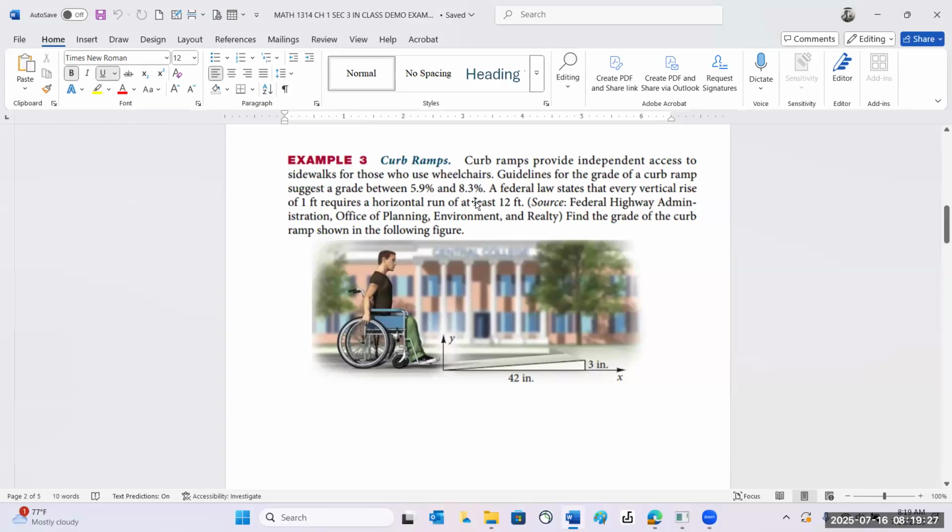So the U.S. guidelines are between 5.9 and 8.3. Federal law states that a vertical rise of 1 foot requires a horizontal run of 12 feet. What does that mean?